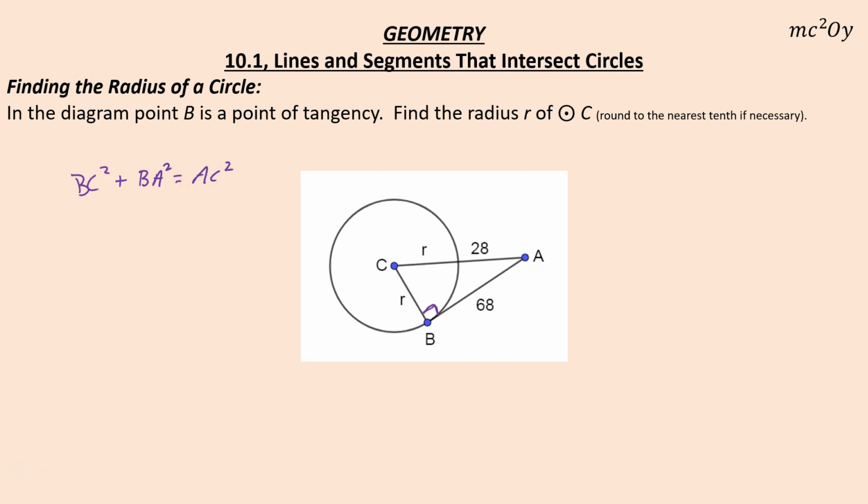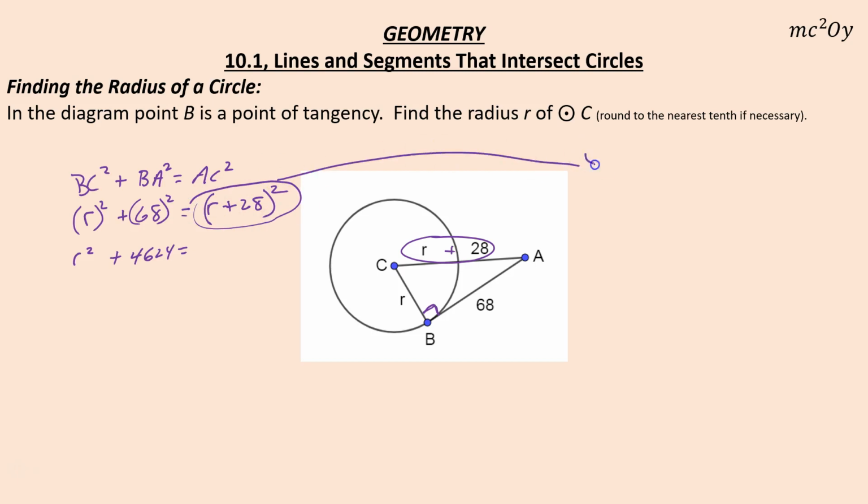Or BC, which is R, so R squared plus BA, which is 68 squared, would have to equal AC squared, which is R plus 28 squared. Multiplying it out, we get R squared plus 68 squared, which is 4624, is equal to R plus 28 squared.